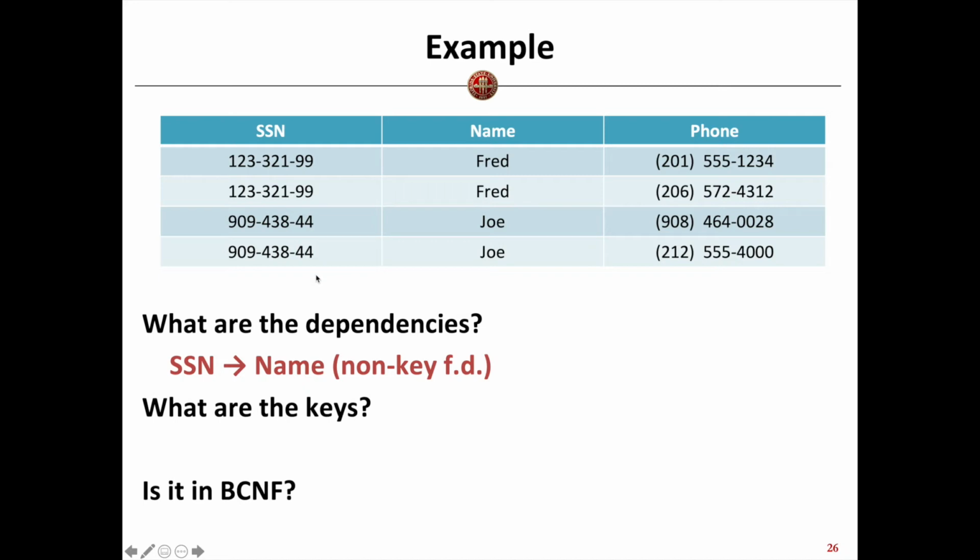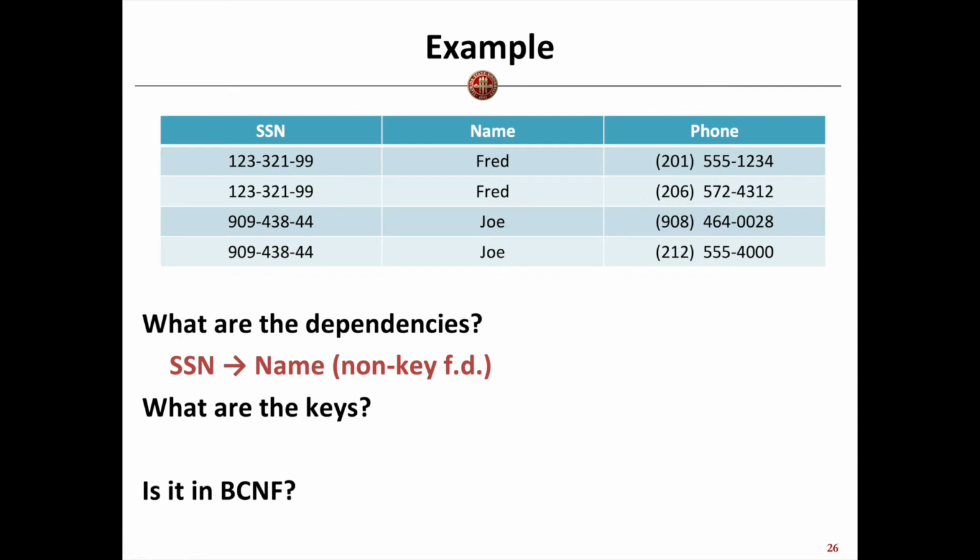According to the relation, we can find some FDs, like SSN implies name. Given an SSN, we can know the person's name, right? However, according to the table data, we find that SSN cannot imply phone number, because given an SSN, we can have different phone numbers for the same SSN.